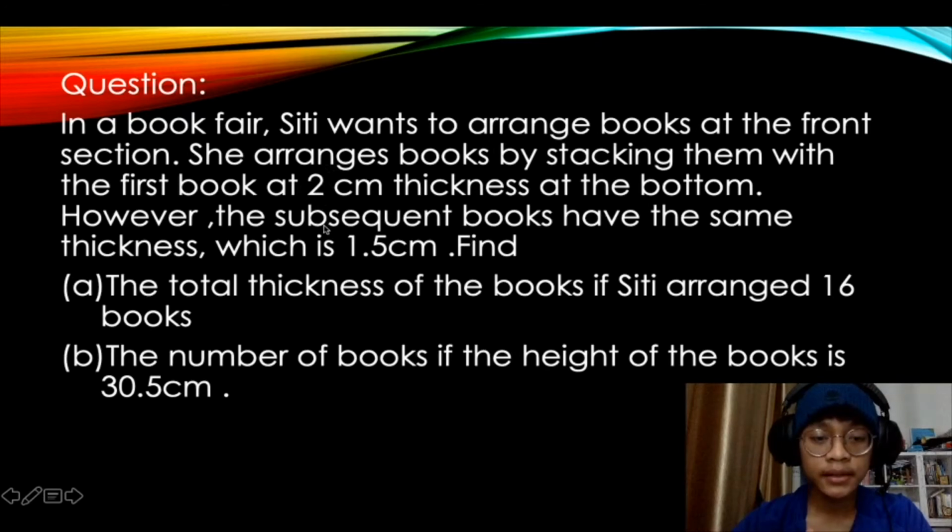And here it says subsequent, so the common difference is 1.5. Find the total thickness of the books if Siti arranged 16 books. B, the number of books if the height of the books is 30.5 centimeters.